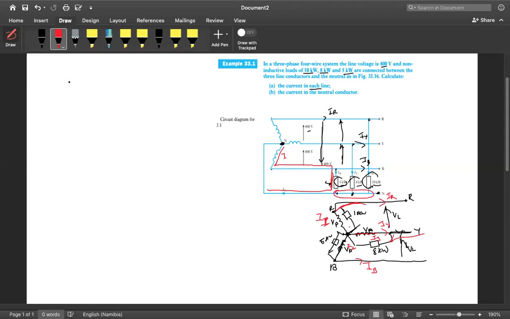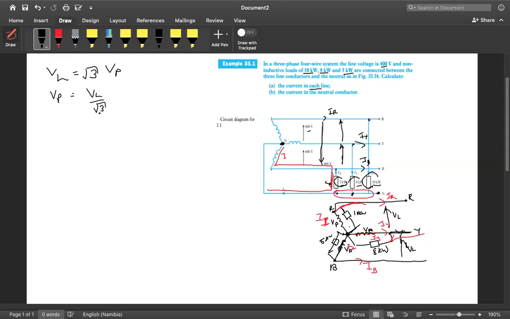So this now allows us to start our calculation. We know that in a star connected system, line voltage is equal to √3 times the phase voltage. But we are given the line voltage. What we want is the phase voltage, which is VL over √3. Why?